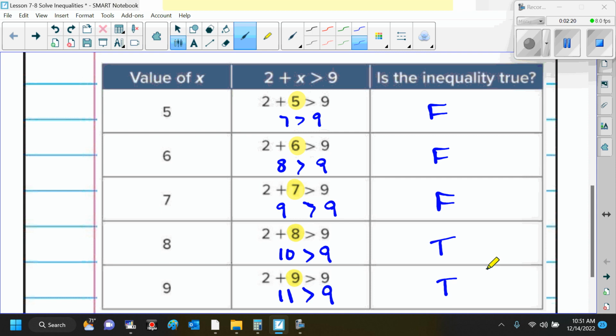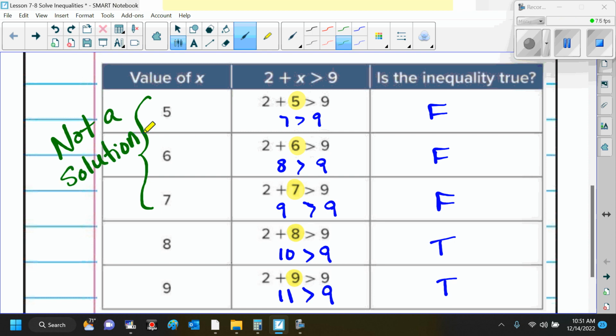So what we did was we just substituted in, we simplified, and we got true statements and false statements. With the false statements, those are not a solution. And the true statements are a solution. Is everybody clear with that? Okay?